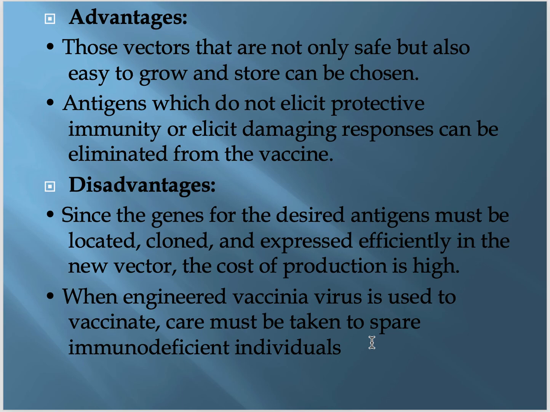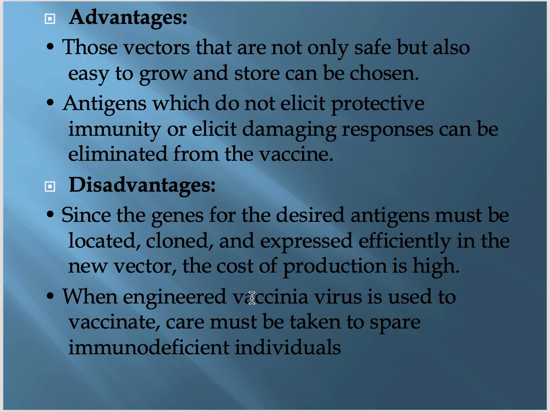Sometimes with these recombinant vaccines, we use another virus as a carrier. For example, vaccinia virus is a very famous virus that has been frequently used to generate this kind of recombinant vaccine for other microbes. When this approach is used, we have to be careful.